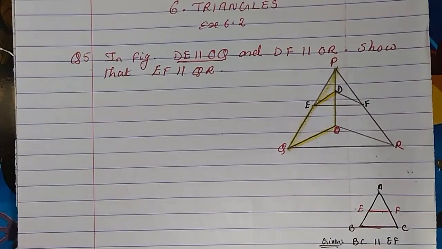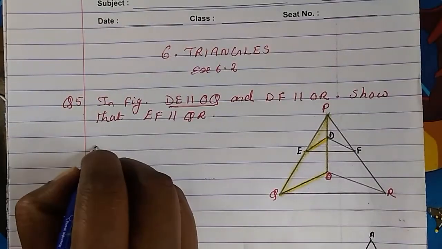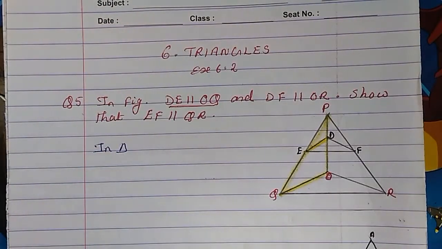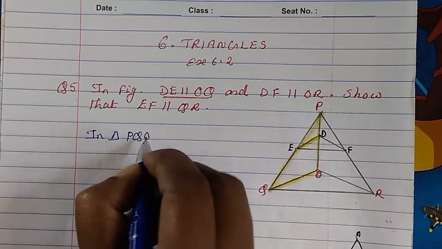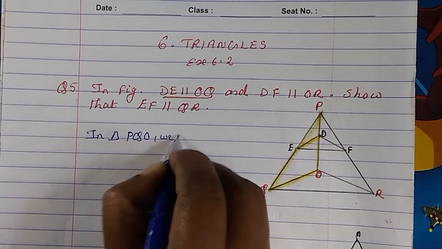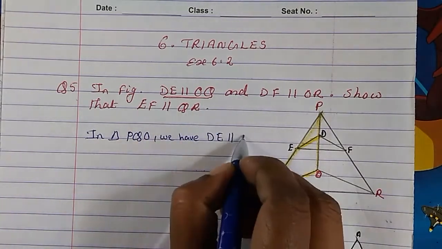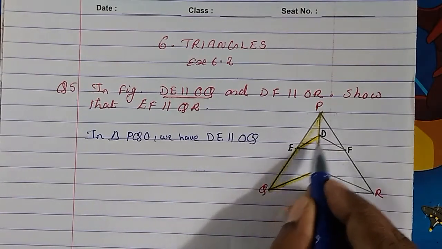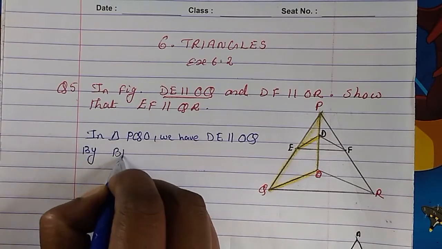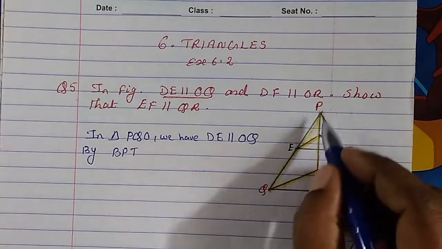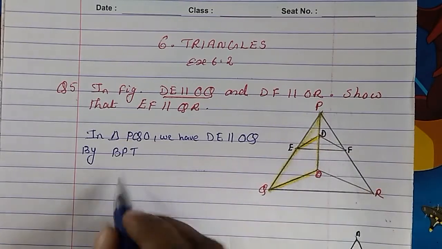So let's write that down. In triangle PQO, we have DE parallel to OQ. So by the basic proportionality theorem, if this is parallel, that means the ratios are equal.